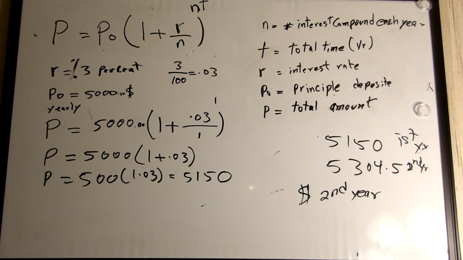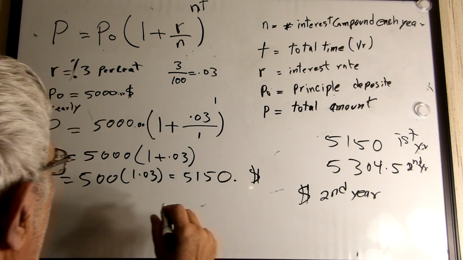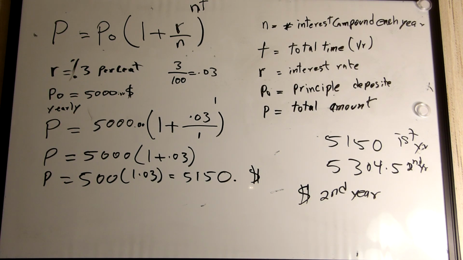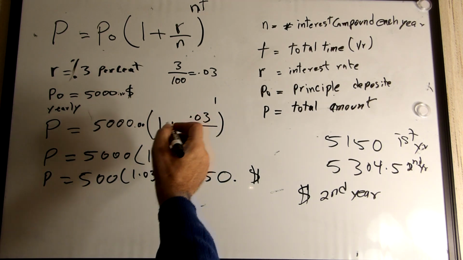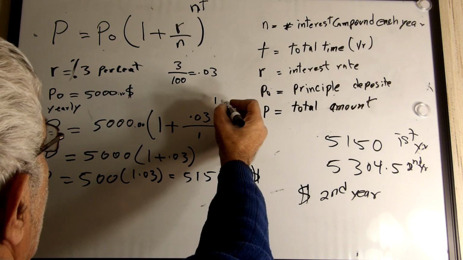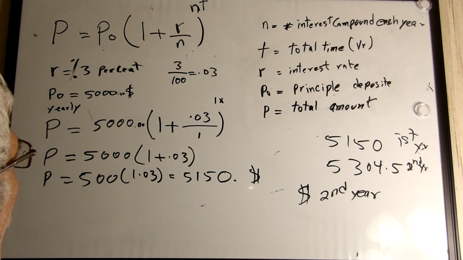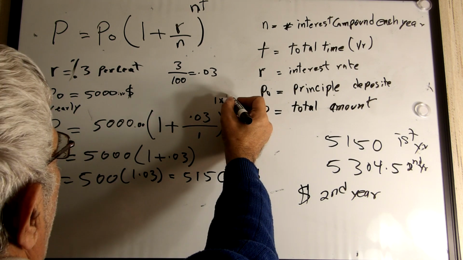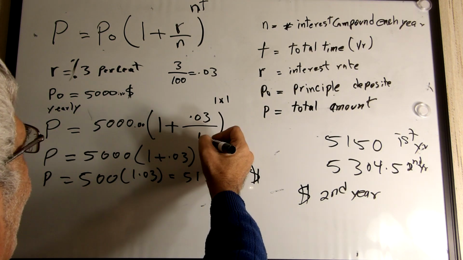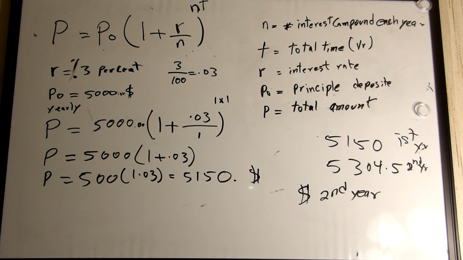See, and then for the second year, actually this is times t. t is equal to 1 year. And n is the number of times the interest is compounded. So if this is 1 year, n is going to be 1.